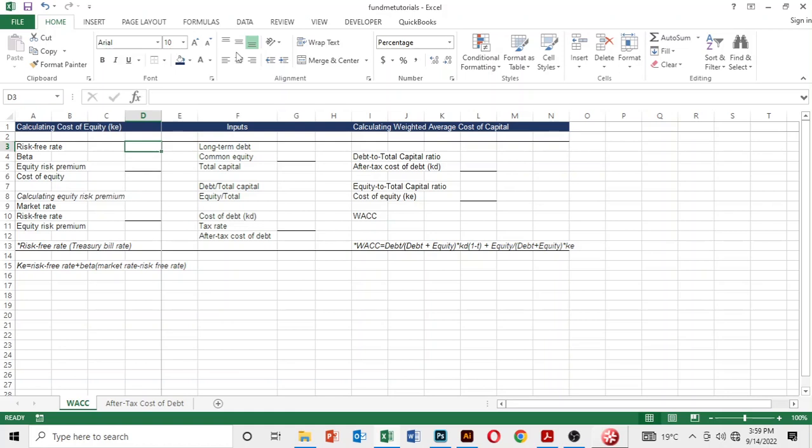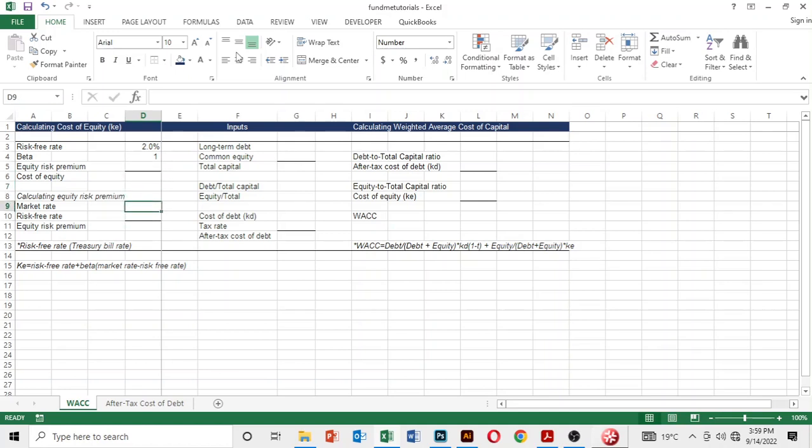To change that to percentage, you press on your keyboard Alt HP and Alt H0, right? Because we wanted to add 1 decimal place. So let's just say 2%. Okay, that's the treasury bill rate. Let's say for this type of stock the beta is 1, so the equity instrument is moving in tandem with the market.